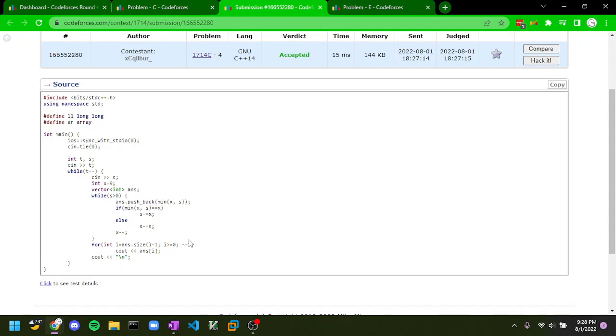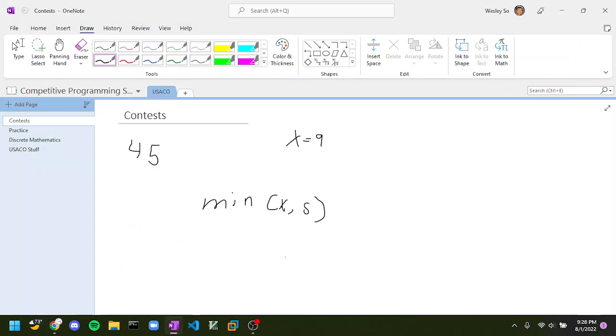To show you what I mean, assume this is the answer to the problem: 1, 2, 3, 4. I would construct it as 4, 3, 2, 1, and then flip it, so that would be 1, 2, 3, 4. And the reason I do this is so that I can find the minimum number.